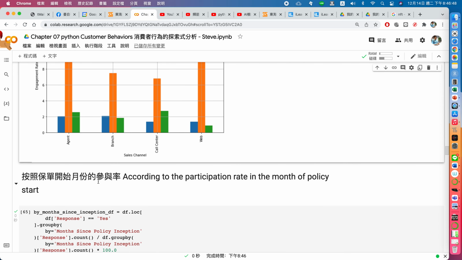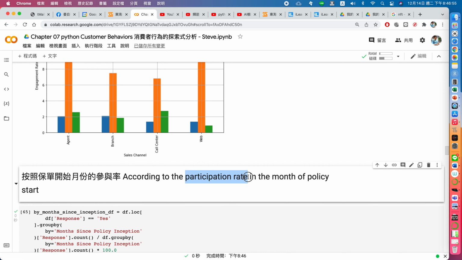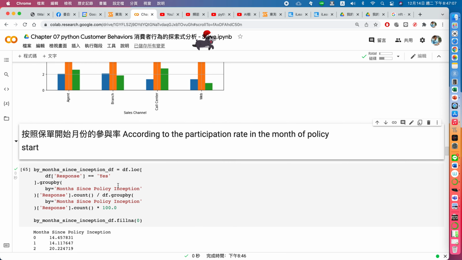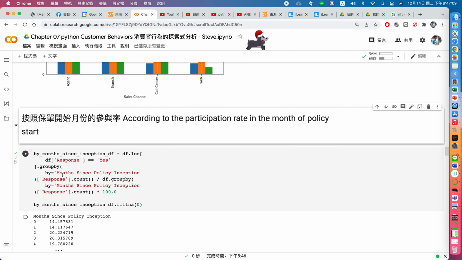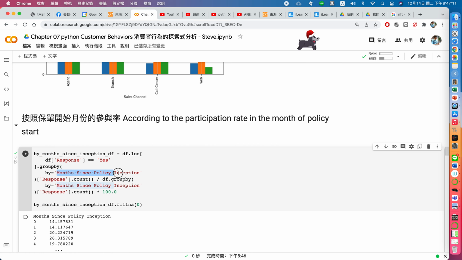We also create the participation rate by the months since the policy started. So we can calculate by the months how long the policy lasts. So we group by this variable, months since policy inception. The rest are all the same, okay?